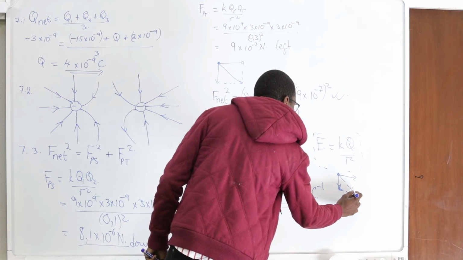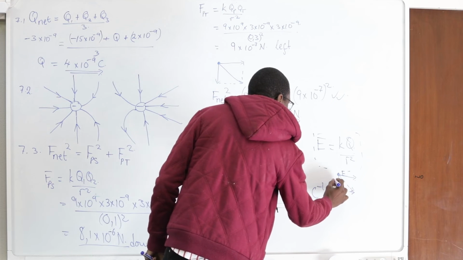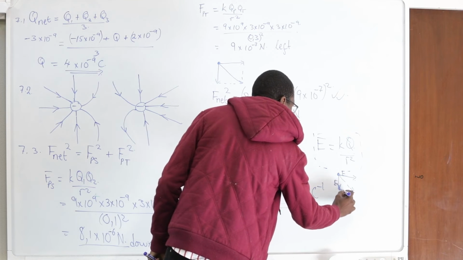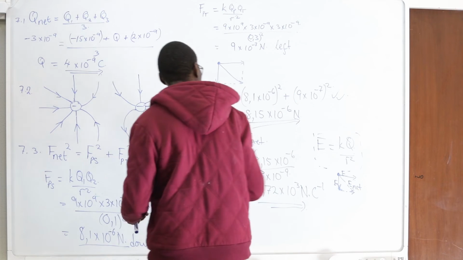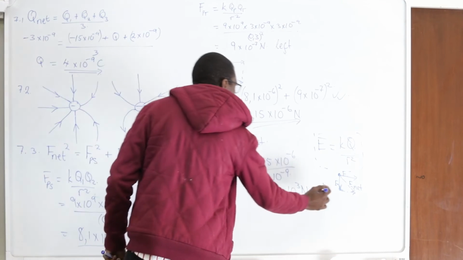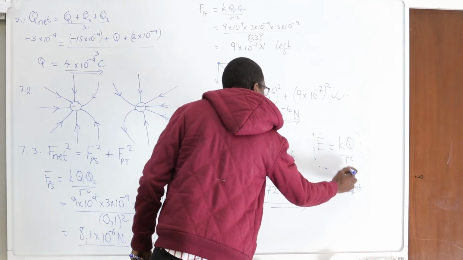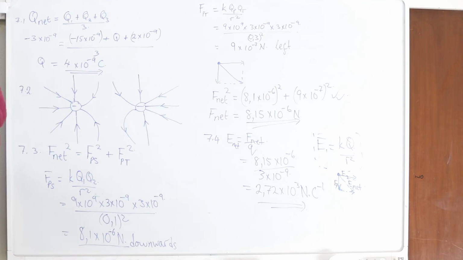So you find the E for here and the E for there, and find the value of E net by looking for the square root of the addition of E1 plus E2, just like we did on this one.